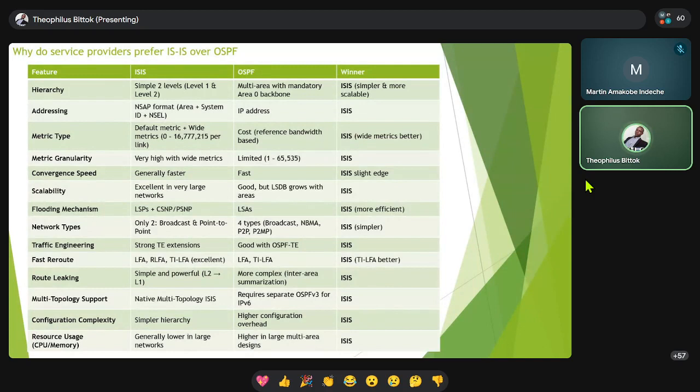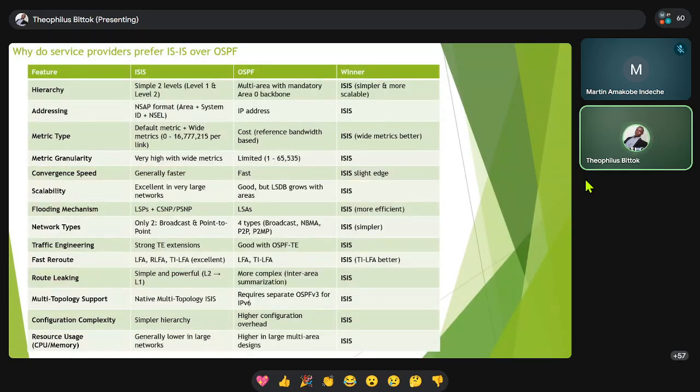On network types, ISIS only has two network types, broadcast or point to point, but OSPF has many network types. So ISIS is still simpler.